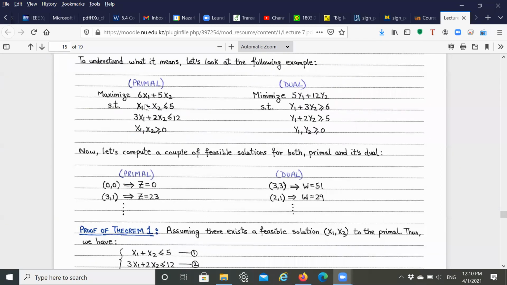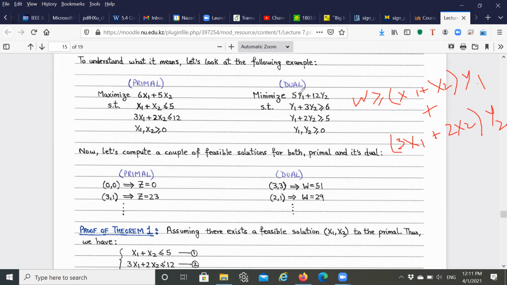Now, if I substitute x1 plus x2 less than or equal to 5 in place of this 5, it would mean that my W would be greater than or equal to, in place of 5, I write (x1 plus x2) times y1 plus, in place of 12, I write (3x1 plus 2x2) times y2. Can I do that?